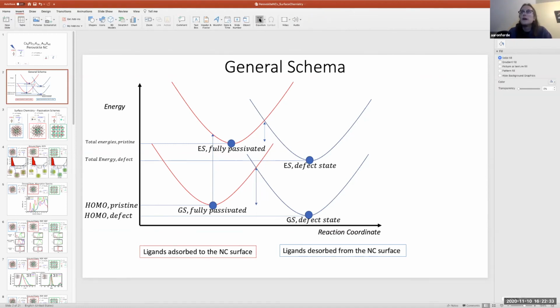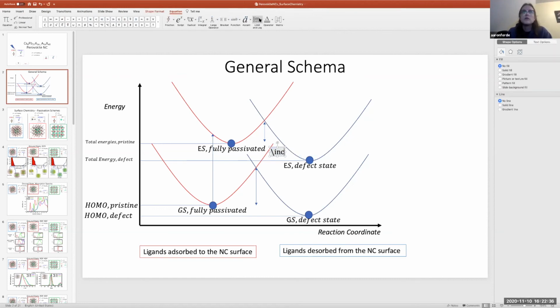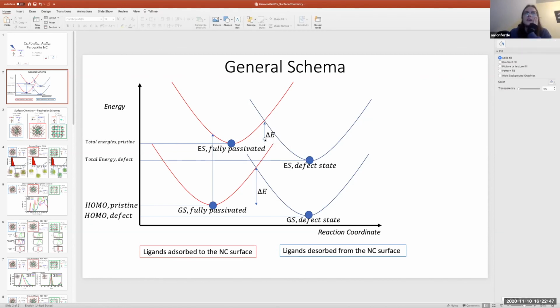My hypothesis is that this delta E will be smaller in the excited state configurations compared to the ground state configurations, so that it's easier for ligands to leave the surface when it's in the excited state.